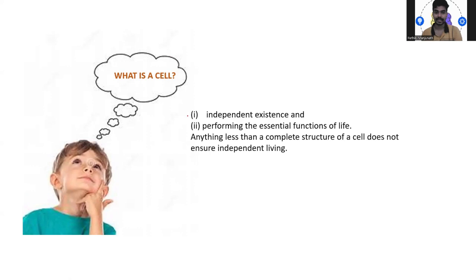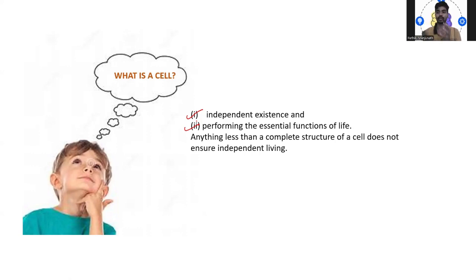See, a cell is an independent existence performing the essential functions of life. Anything less than a complete structure of a cell does not ensure independent living. That means if a complete structure is not made up of a cell, then that living thing cannot be said to be independent.